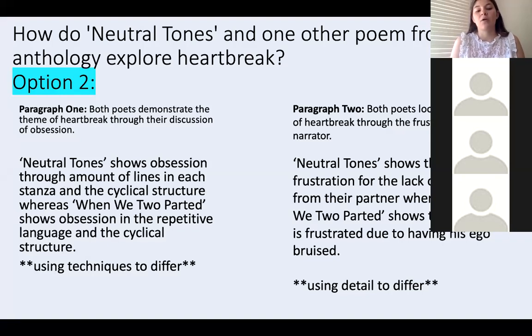So, Cristobal, if I start off with saying they both discuss obsession in order to show how heartbroken they are, but one shows obsession through the cyclical structure and the other one shows obsession through repetition in the language. Okay, so hopefully it becomes a little bit more clear for those who are stuck in the next section, which is kind of what Jalen was asking, if you guys don't know what petal petals is.